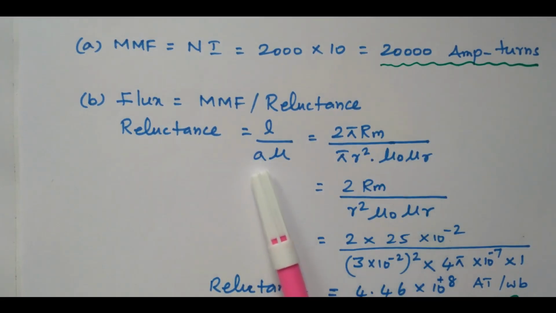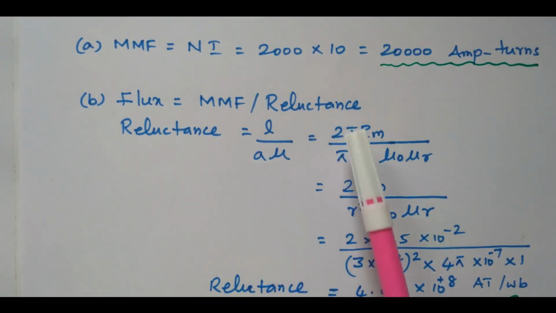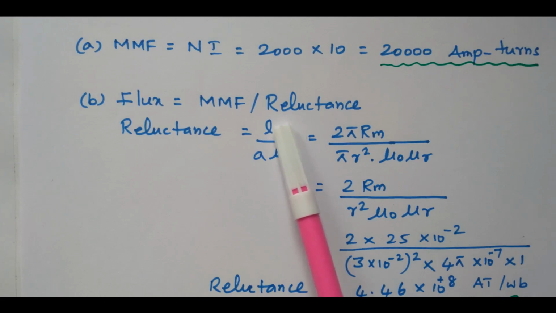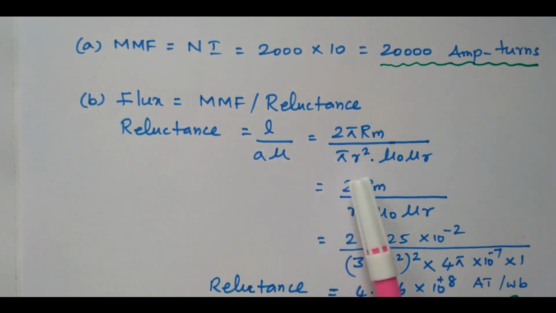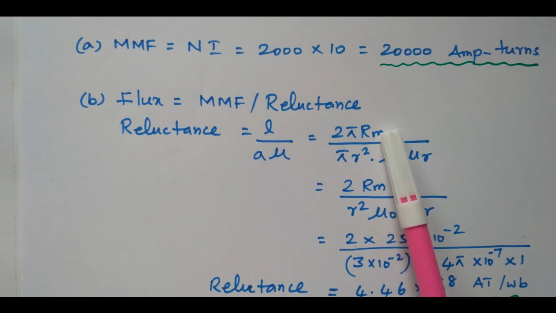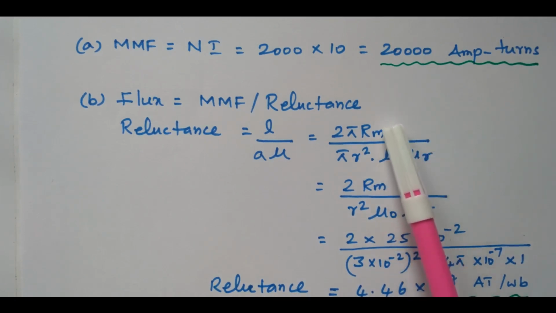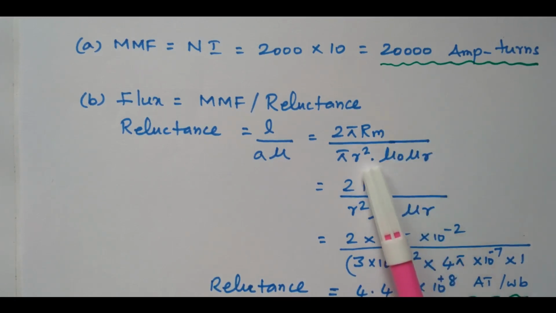The A is the area of the coil, pi r square. The diameter is given, from that we can calculate r. Rm refers to the mean radius of the core, and small r refers to the radius of the coil.